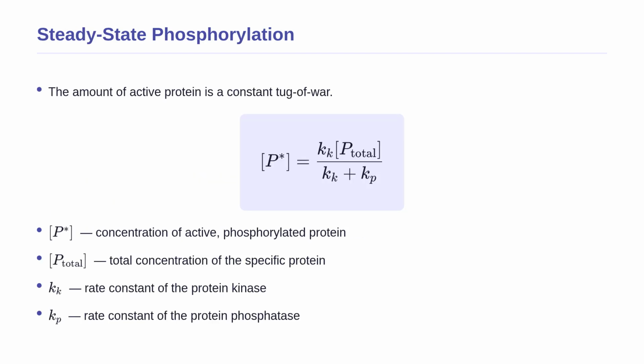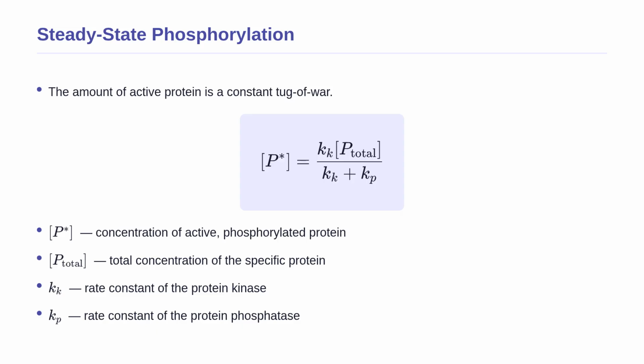To understand this tug of war mathematically, we use the steady-state phosphorylation formula. This equation shows us exactly how much protein is active at any given time. P star represents the concentration of the active phosphorylated protein. P total is the total amount of that protein available.